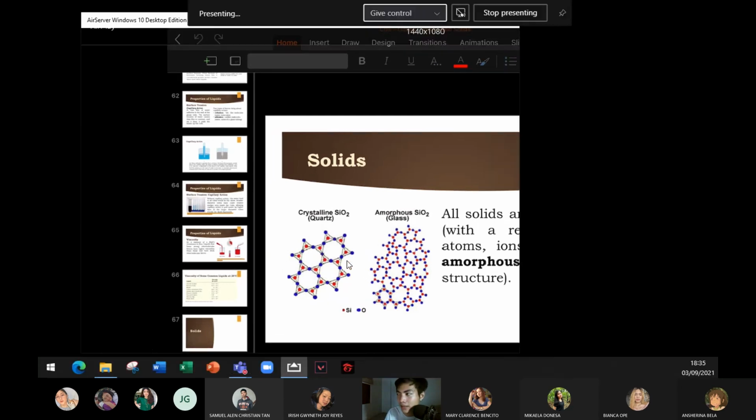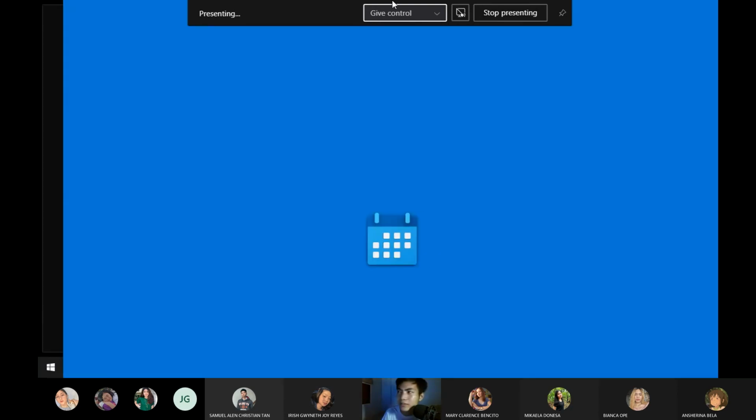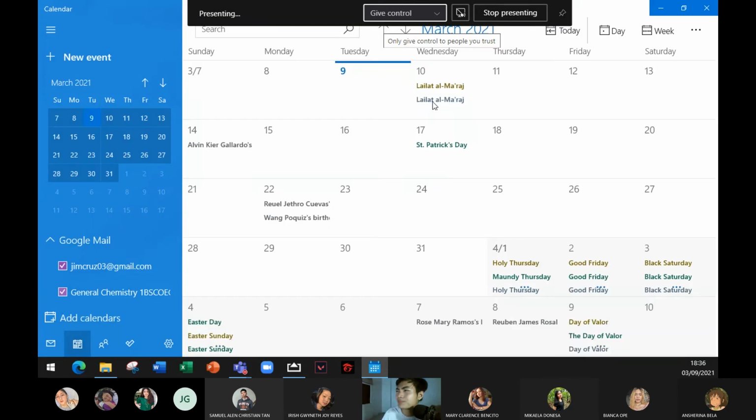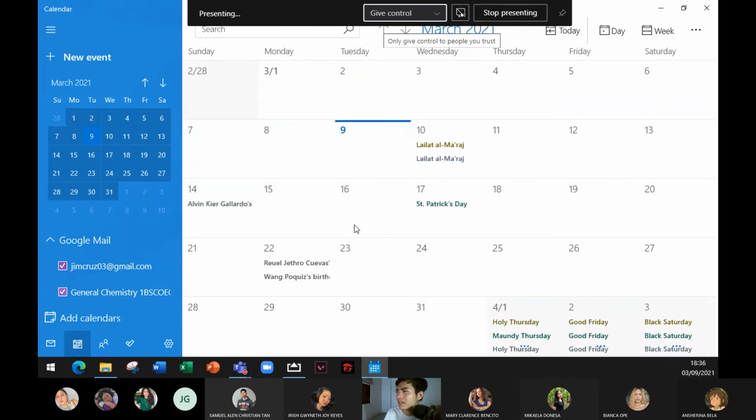Punta tayong calendar. So ito, calendar tayo. Ito para guided na rin kayo, ha? Okay, so this is the calendar. So we are on the time, first week of March. Ito tayo, Tuesday.